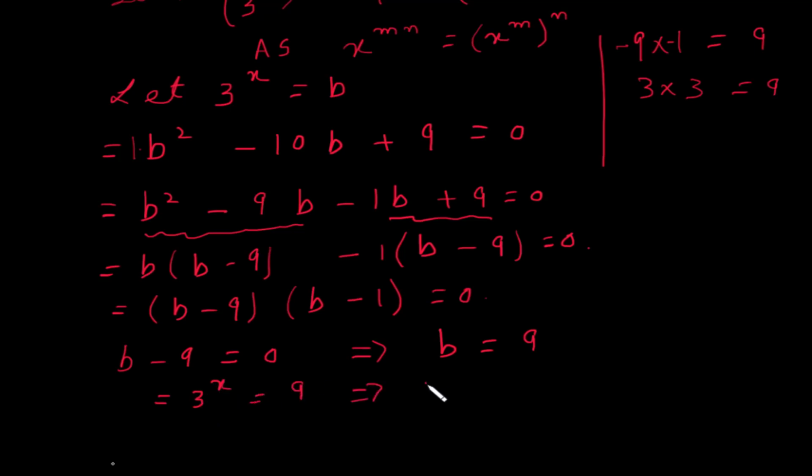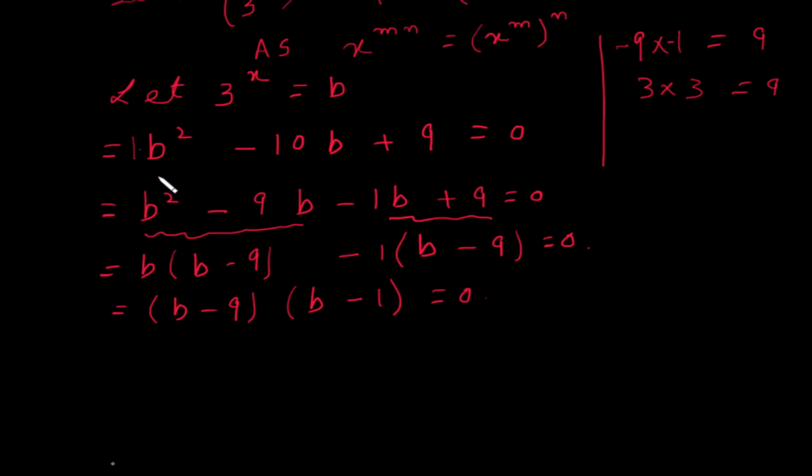And we can write this 9 in terms of 3 as 3^2. So the bases on both sides of the equation are 3. Since the bases are the same, we can conclude that the exponents must be equal. Therefore, x is equal to 2.